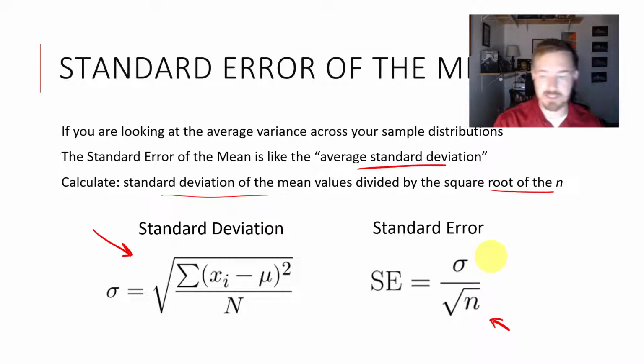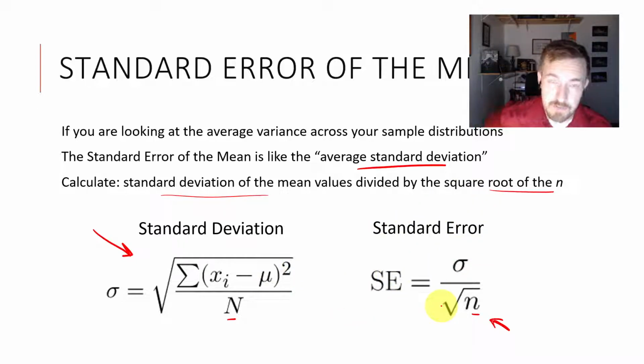This is why you may remember at the very beginning of the semester, I was like, be careful, because capital N and lowercase n mean different things. So here's why this is important. For standard deviation, you're going to calculate that as you always have, where capital N refers to how many values you have in your data set. No big deal, you've already mastered this.